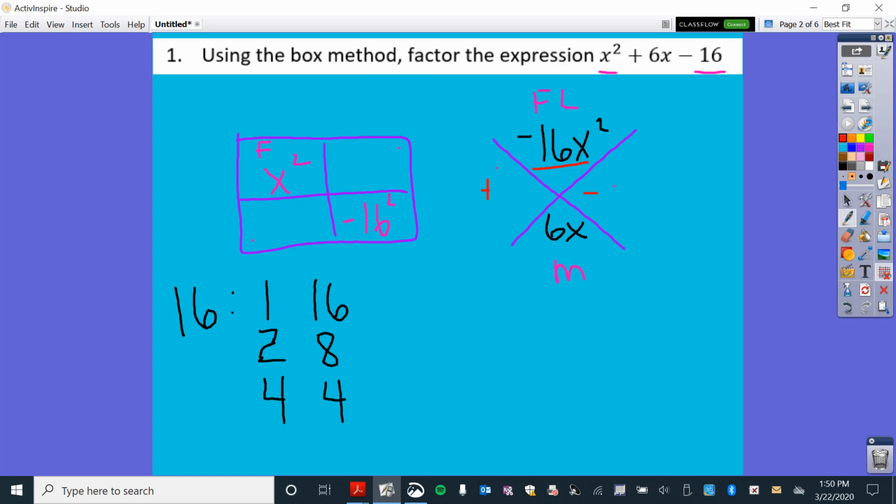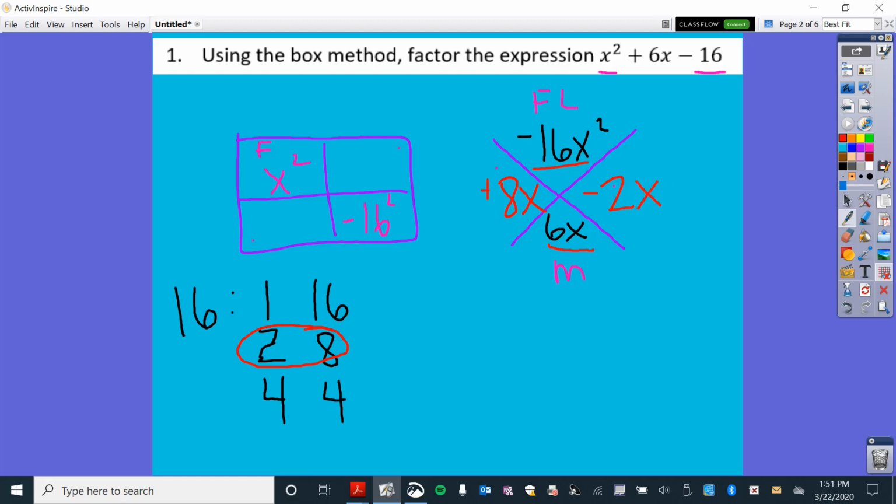Okay, it's going to be your 2 and your 8. So we know that based off of our number on the bottom, our largest number has to be that sign, which is positive. So the 8 is going to be a positive, and the 2 is going to be your negative. And then they both need to have the x variable.